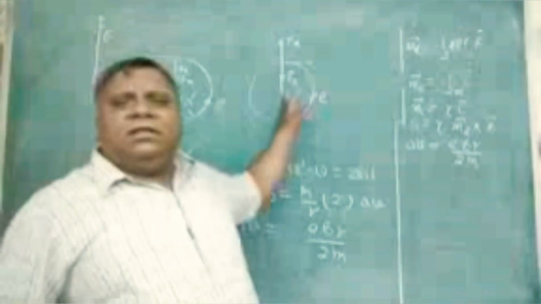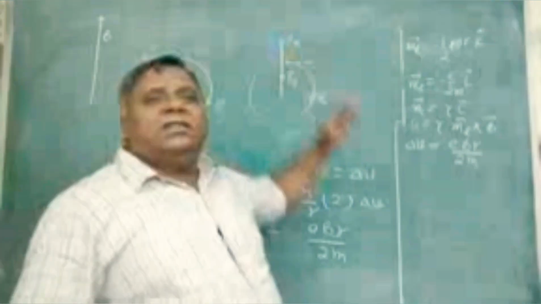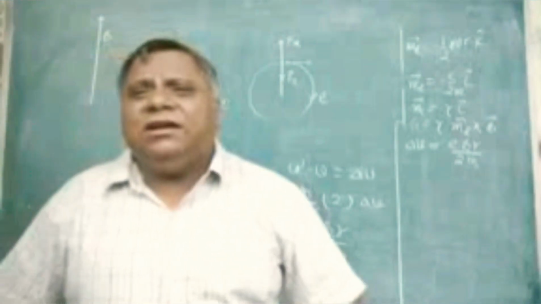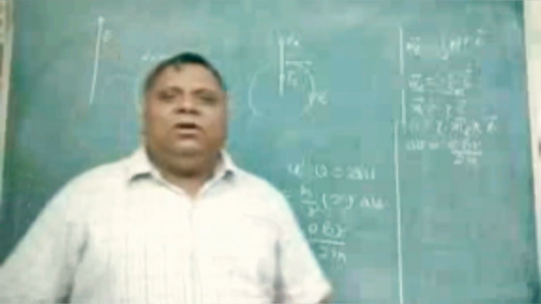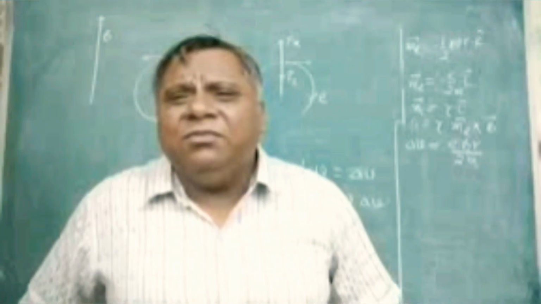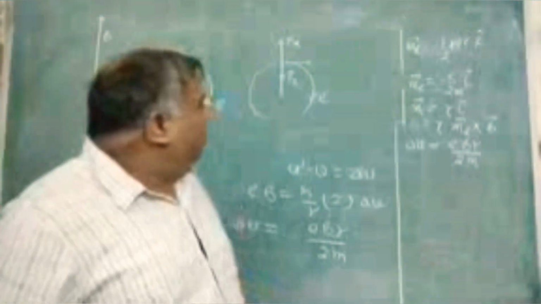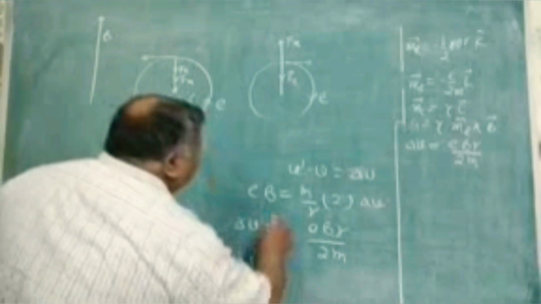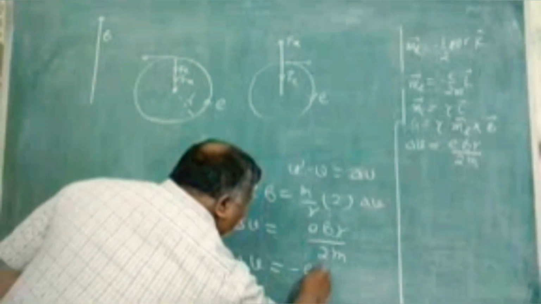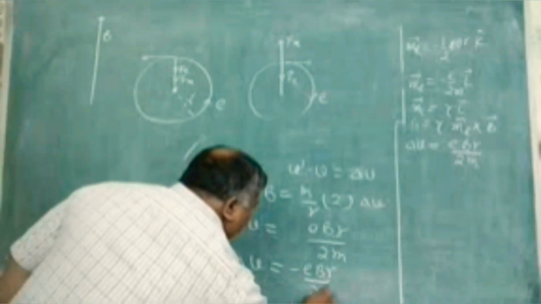Now, if you consider this situation, here both forces are opposite. If you write the equation, then in case of positive sign, you have a negative sign in term E B V. So we get a change delta V in this equation minus E B R over 2m.